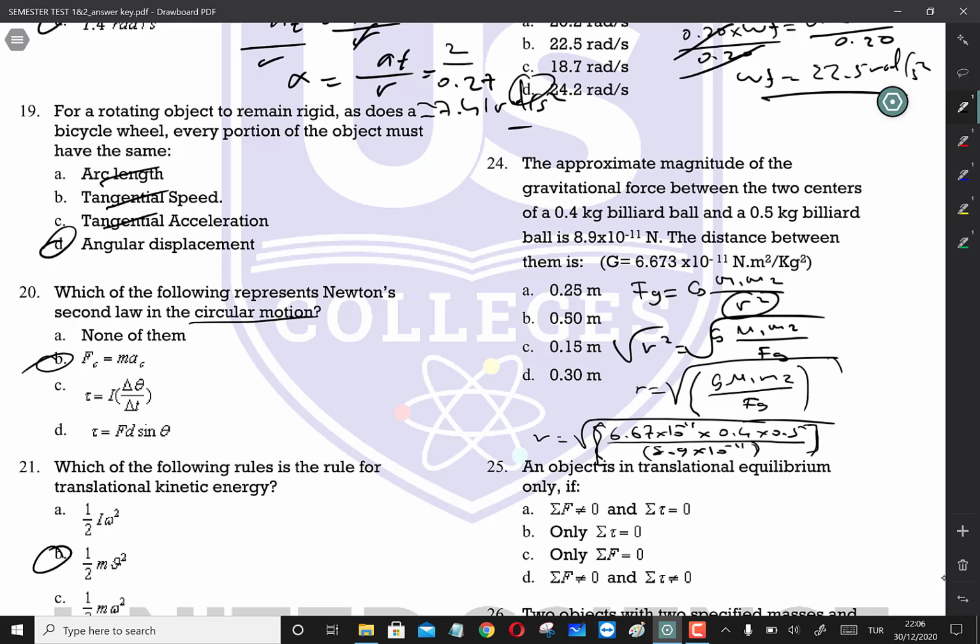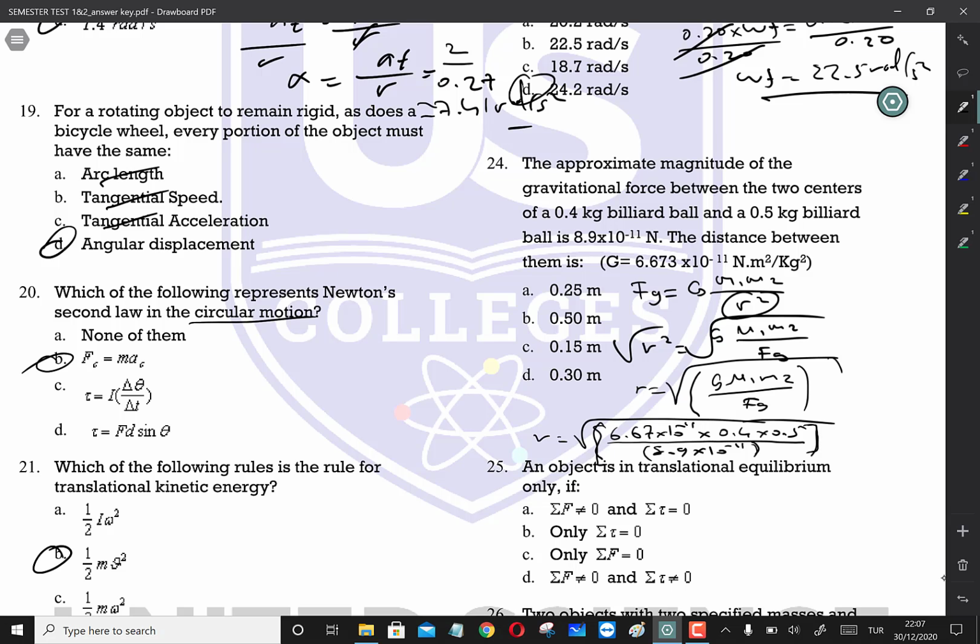Root bracket, 6.67 times 10 to the power of negative 11 times 0.4 times 0.5 divided by, again bracket, 8.9 times 10 to the power of negative 11, close the bracket.